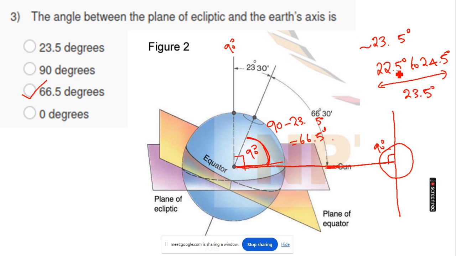This change is happening, but it is very slow. There won't be any visible change in the climate because of these variations. Currently we are experiencing an axial tilt of 23.5 degrees, and it keeps moving from 22.5 to 24.5.